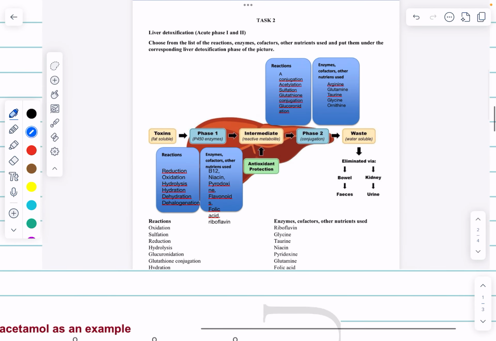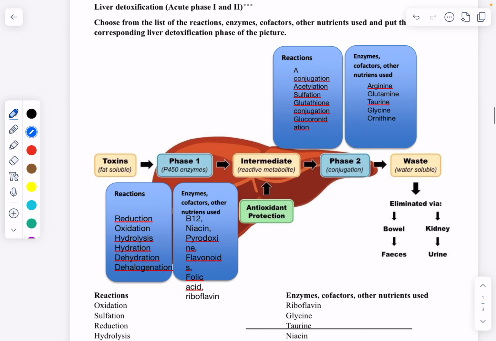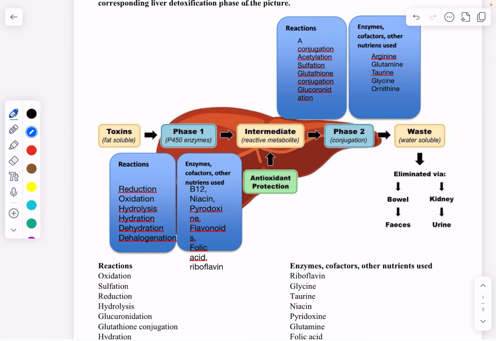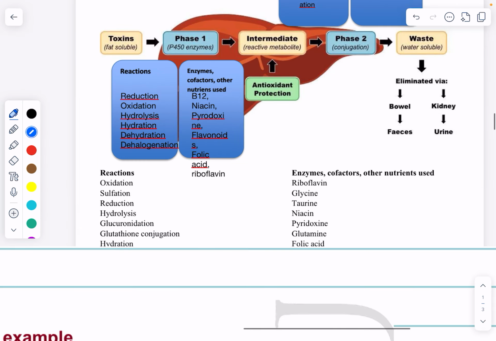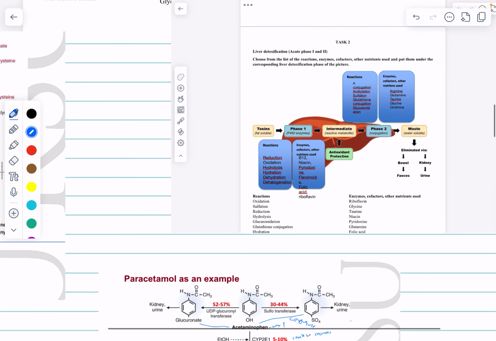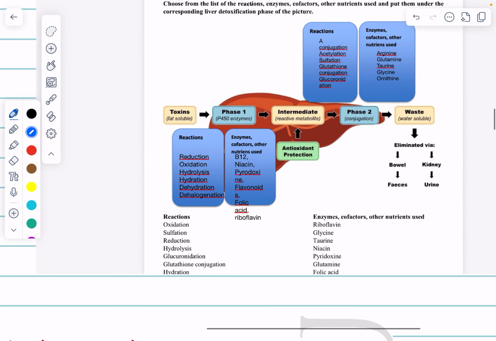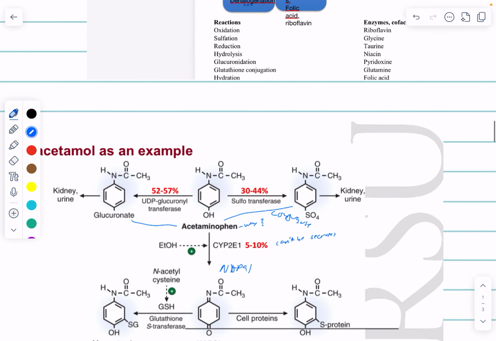Okay, and this is also just pure theory, just write it down. I think I may have missed some of these enzymes and cofactors, but whatever. I think the most important thing is to catch the main idea here.